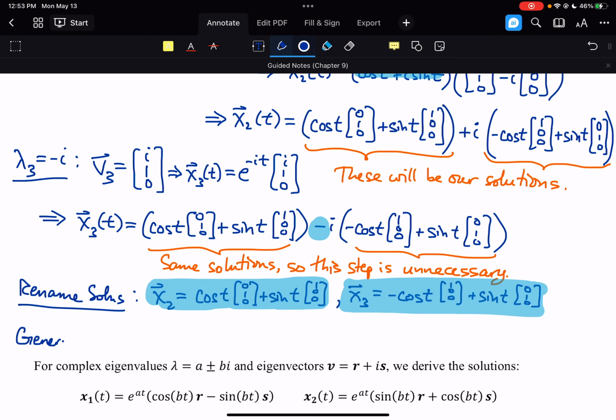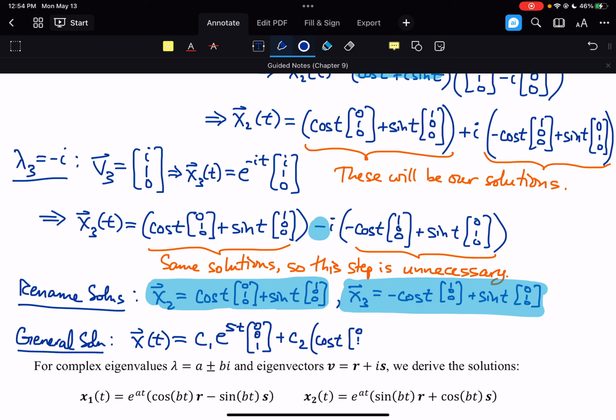So x of t is c1x1 plus c2x2 plus c3x3, so that's c1 e to the 5t times 0, 0, 1, plus c2 times this whole expression for x2, plus c3 times the whole expression for x3.